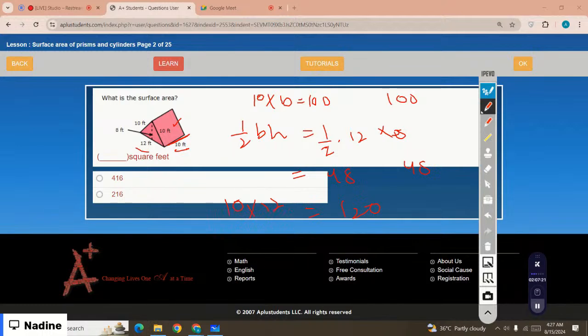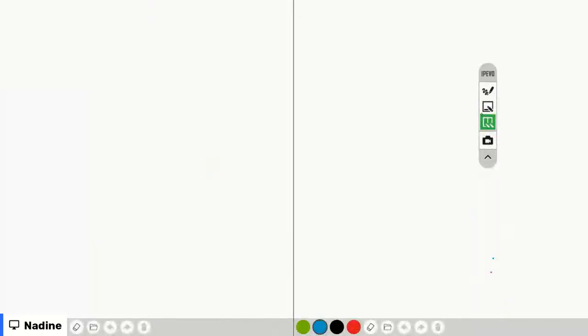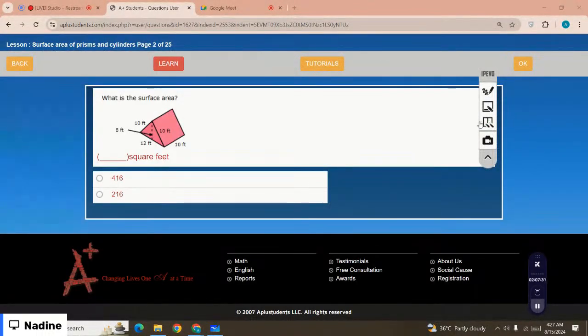So the correct option is 416. The surface area is 416. Got it?